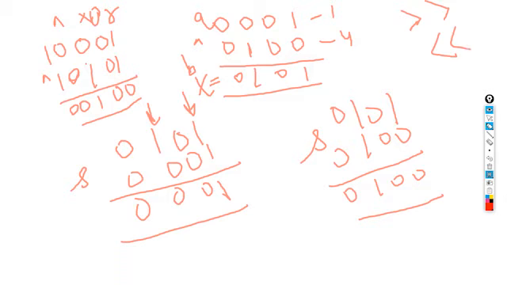If I do 1 left shift 1, which means 1 will be shifted left by one position, I would have 0010. And if I do 1 right shift 1, this will yield me 0000, because we already have 0 over here, so when I right shift, it turns out to be 0.